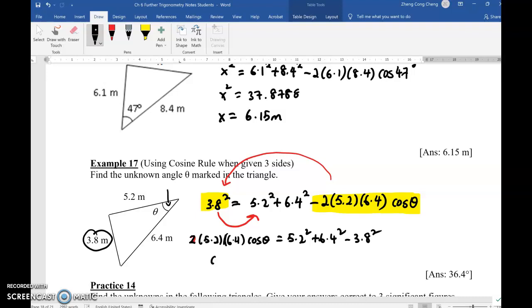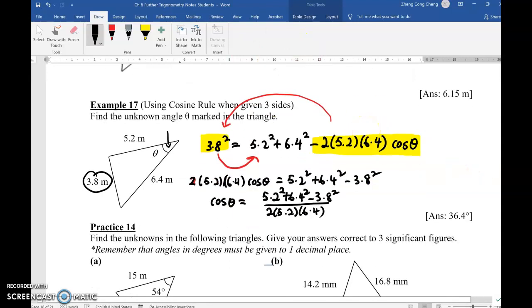After that, we divide both sides and we have made cosine theta the subject. To find theta, we do cosine inverse. So very carefully press it into your calculator and you should get theta equals 36.4 degrees.